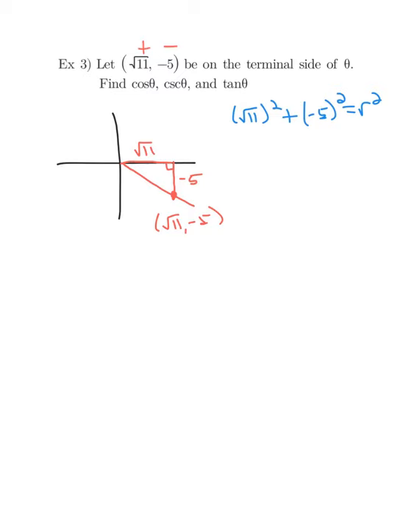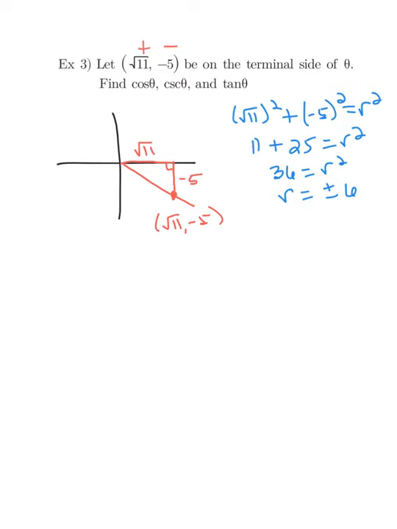The square root of 11 squared is 11. Negative 5 squared is 25. That has to equal r squared, so we get 36 equals r squared. So r is plus or minus 6.